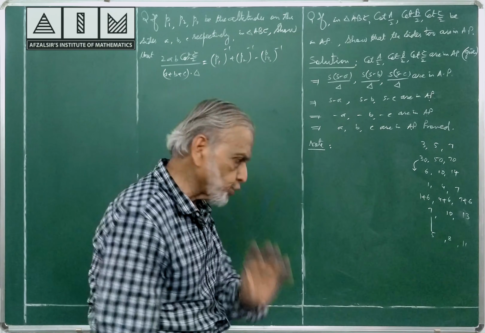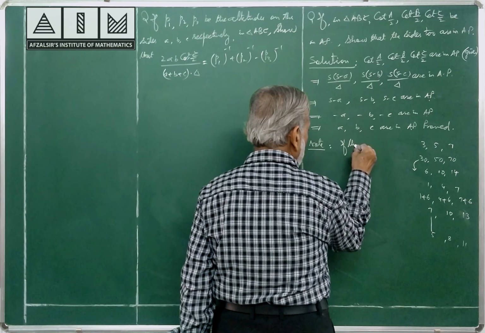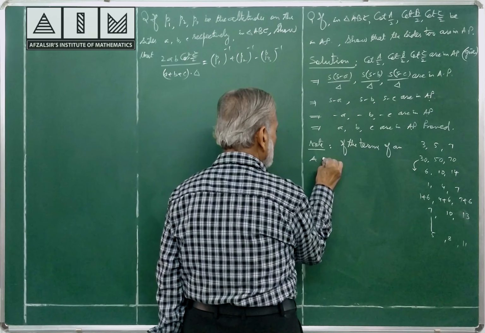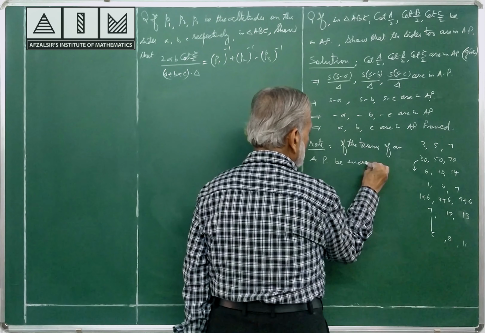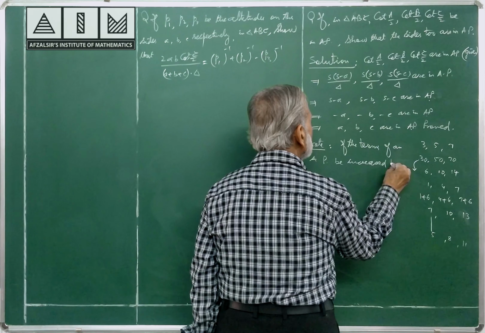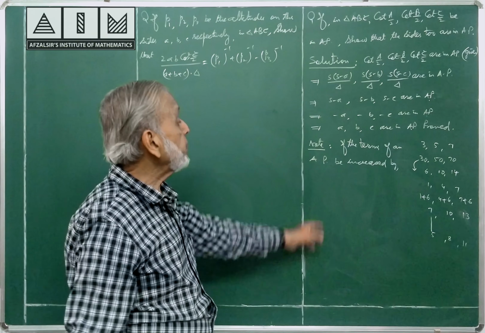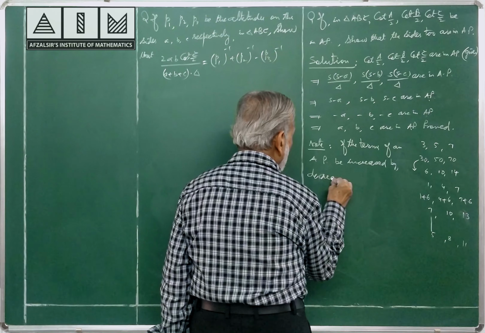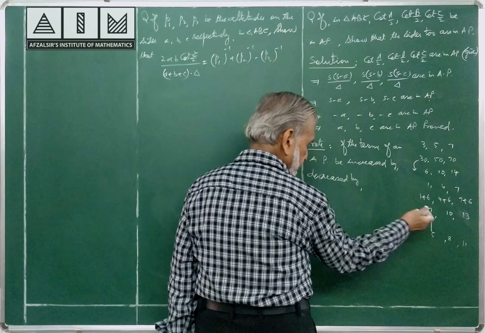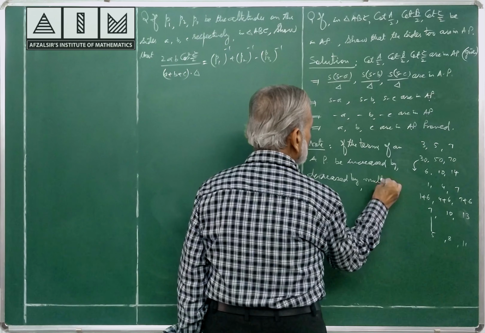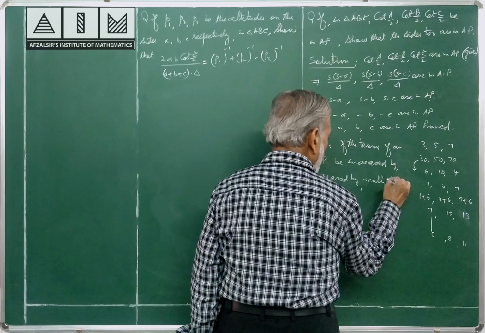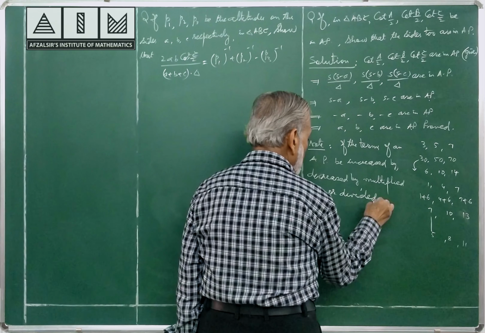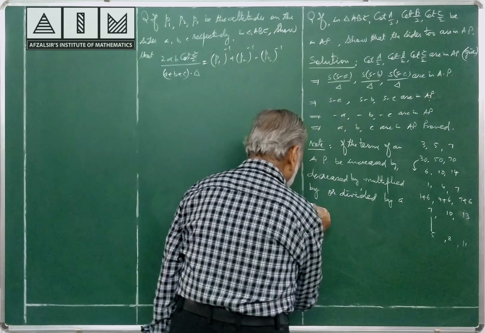So, we have come to a conclusion now. Look here. If the terms of an AP be increased by, means adding, decreased by, means subtracting, multiplied by or divided by a constant number.